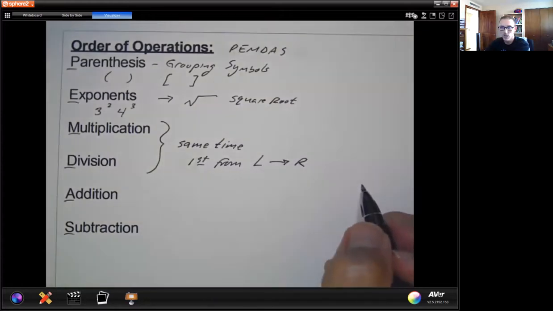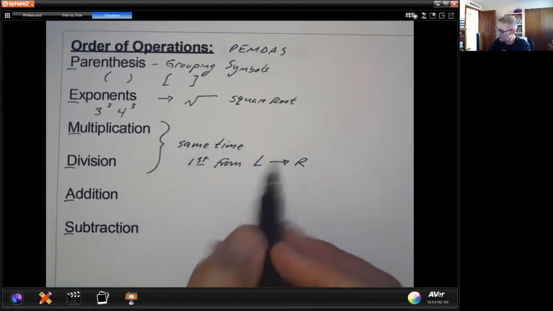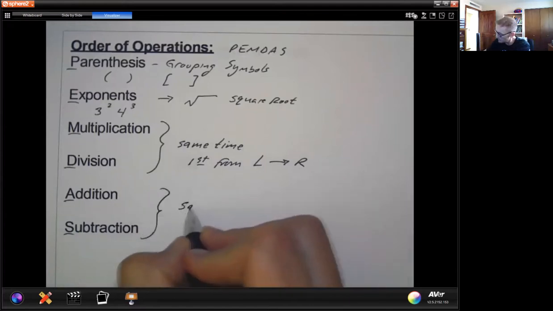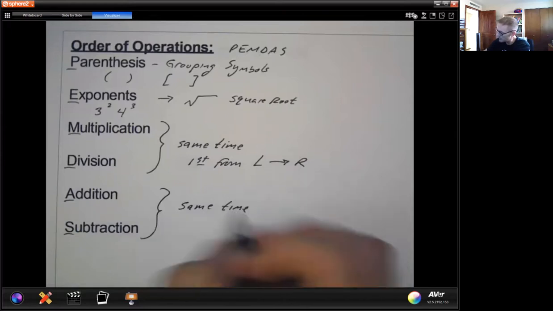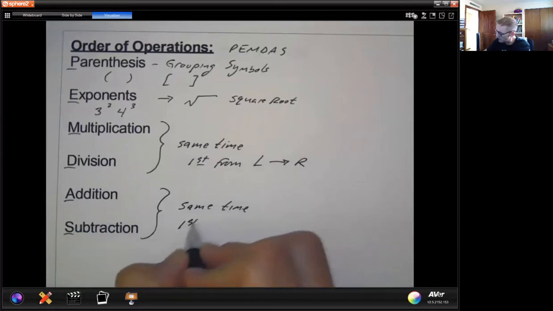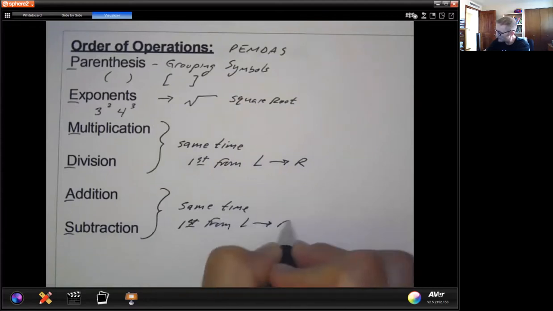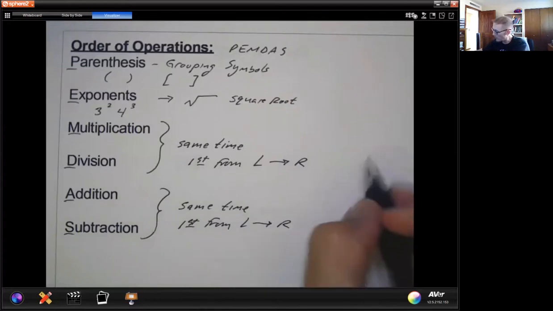So if division happens to appear before multiplication in a problem, you'll do it first. They happen at the same time from left to right. The same is also true with addition and subtraction. So whichever one comes first from left to right.